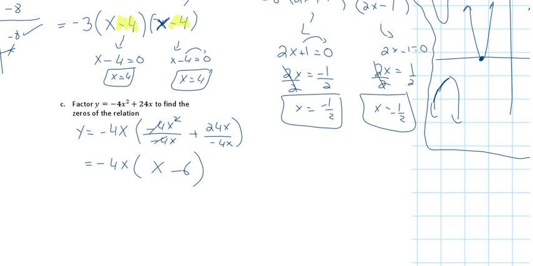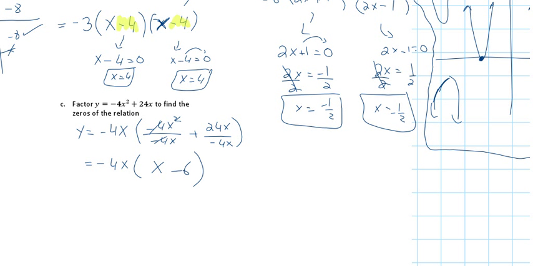Can I factor anything else? Look at the bracket. Is there anything I can factor further? That's a question to you guys. Can I factor this any further? No, that's it. This is x minus 6. There's nothing I can do with that. This is already in factored form. This is the most factored form.